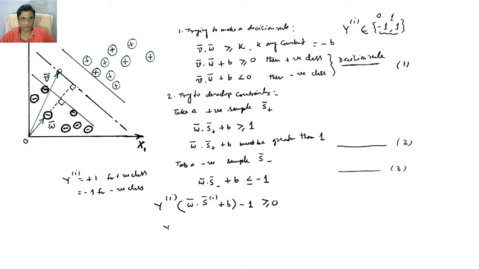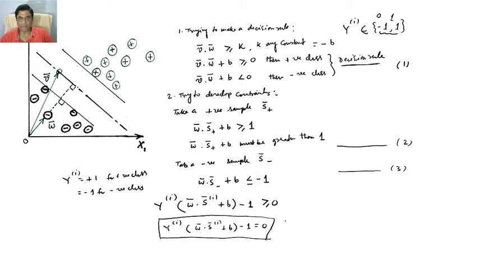For any sample on the gutter, I can just get a constraint like this. Wonderful. Let us call it 4.